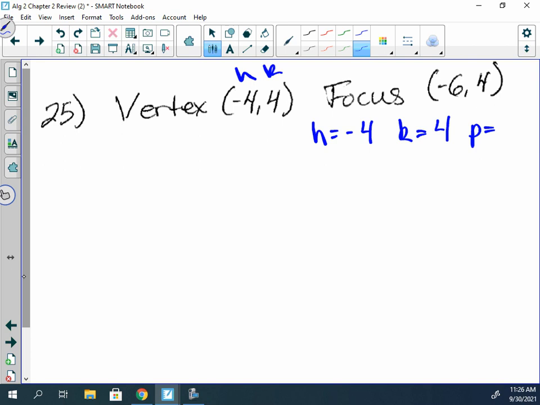Now we're looking at this here, it would be the x because it's going from negative 4 to negative 6. So I see that the general equation for this here would be x equals 1 over 4p times (y minus k) squared plus h, because that's the one it matched up to.